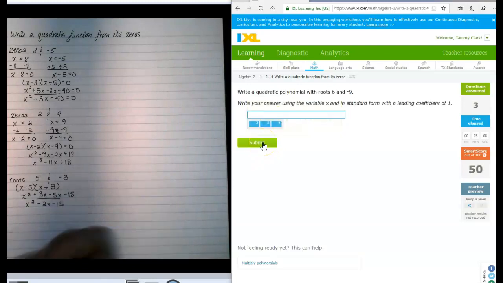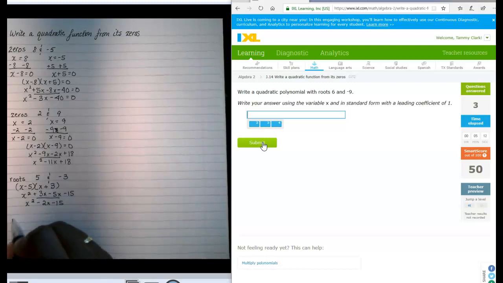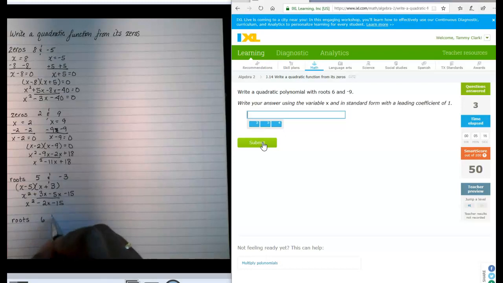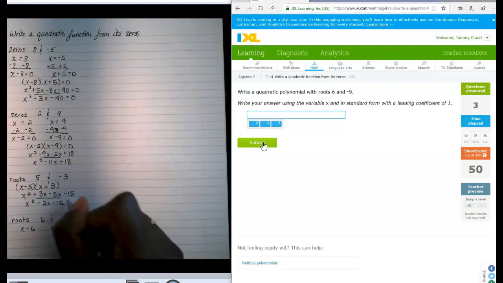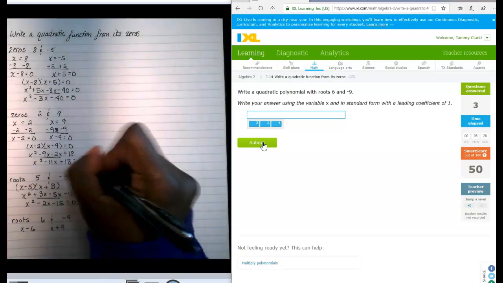Alright, number 4. Our roots are 6 and negative 9. So that's x minus 6 and x plus 9. I keep forgetting, set these equal to 0.